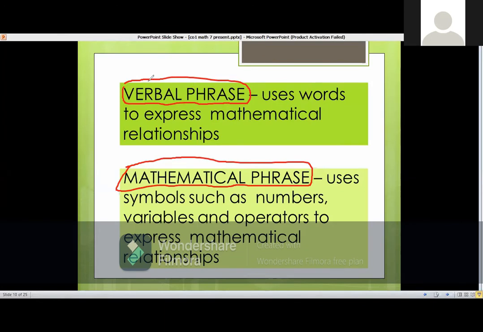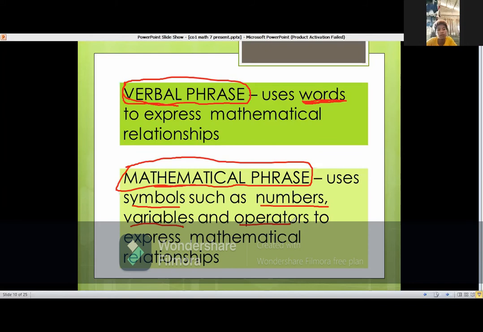Okay, so what do we call those words and symbols? They are called verbal phrase and mathematical phrase. Okay, so verbal phrases use words to express mathematical relationships. How about mathematical phrase?